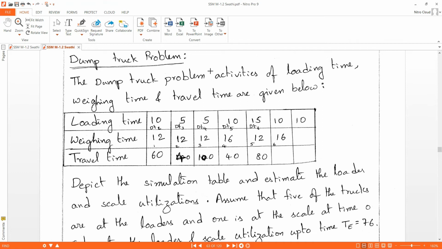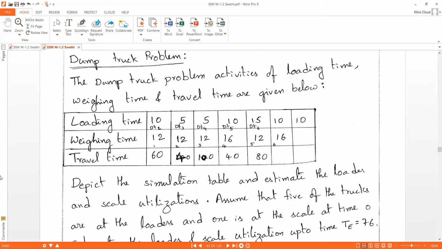So first we'll take up the dump truck problem. Here the activities of loading time, weighing time and travel time are given like this. The loading times are 10, 5, 5, 10, 15, 10, 10. Weighing times are 12, 12, 12, 16, 12, 16.